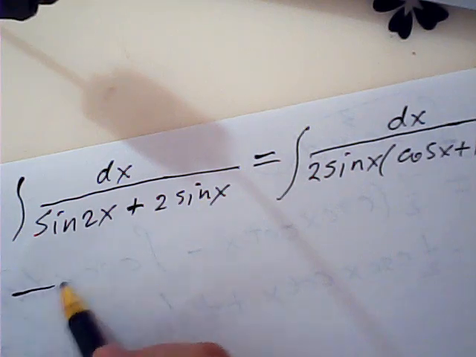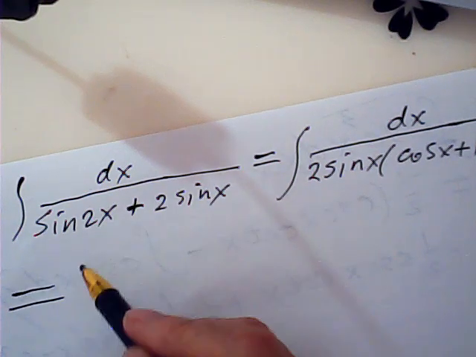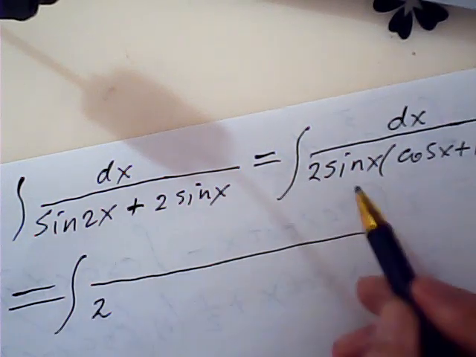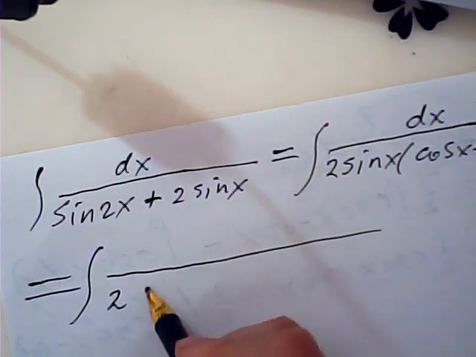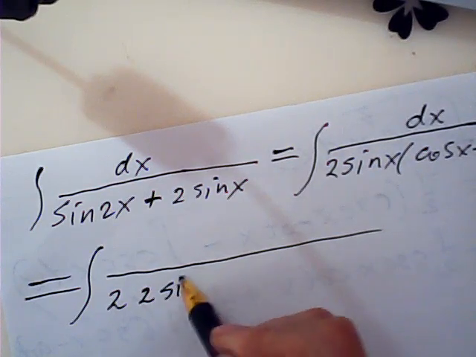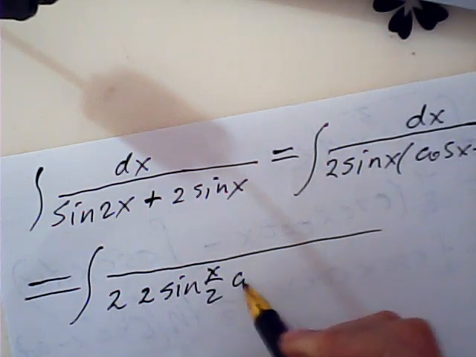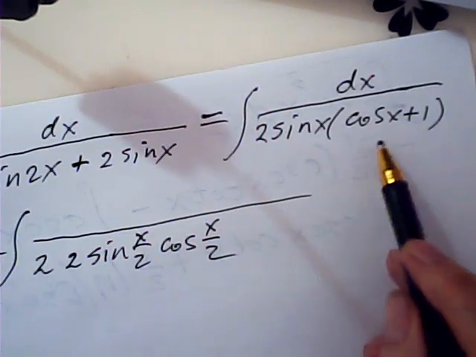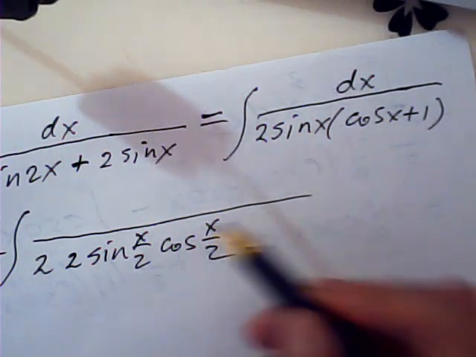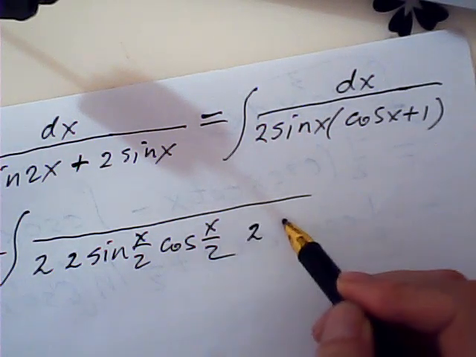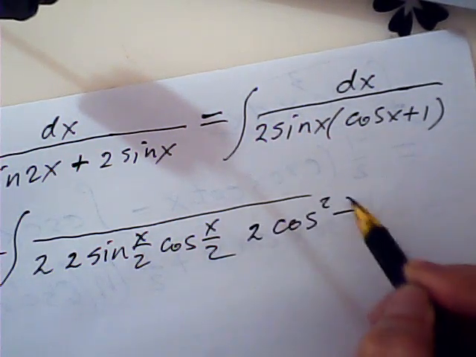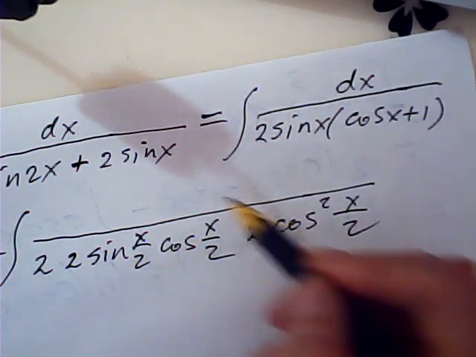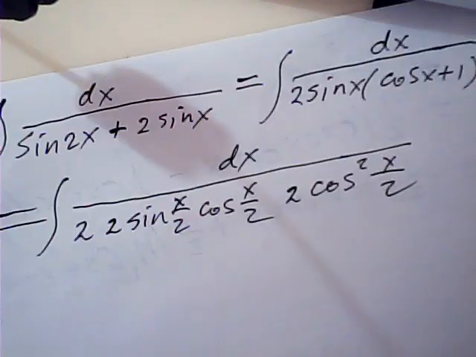Then I use this: sine x is equal to 2 sine half x cosine half x, right? Cosine x plus 1 is equal to 2 cosine square half x. And under dx.